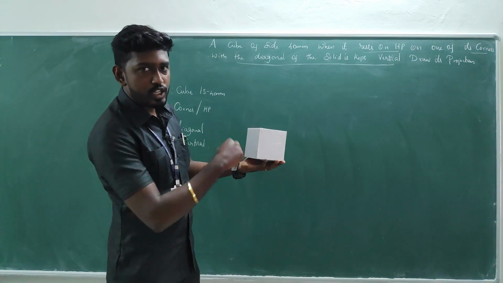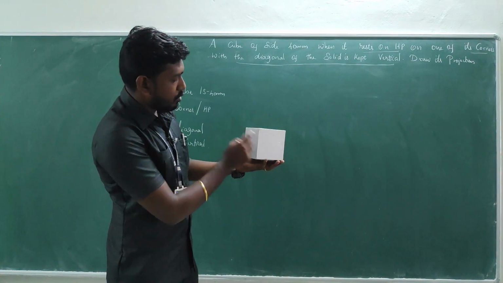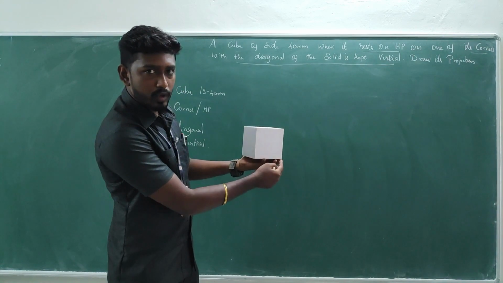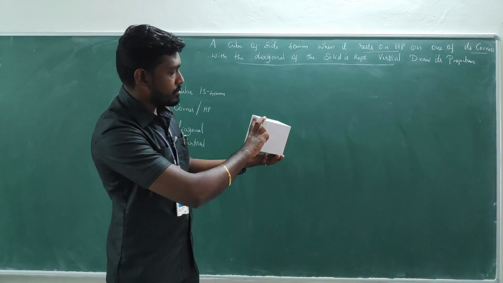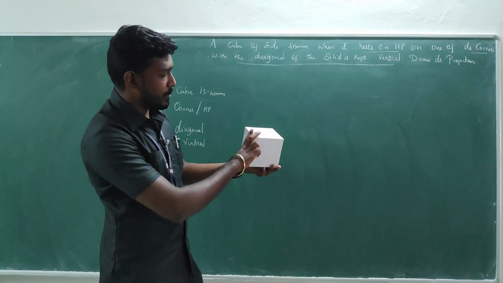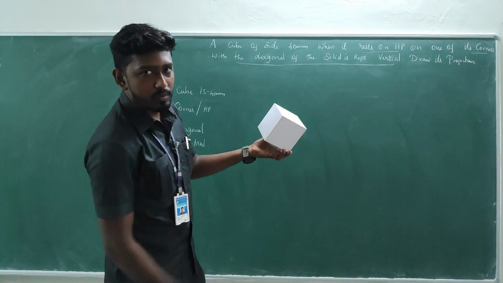That particular line should be kept at 90 degrees to the HP. So the posture of this object is something like this.